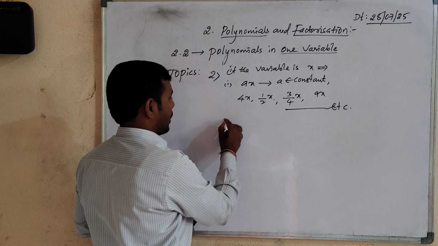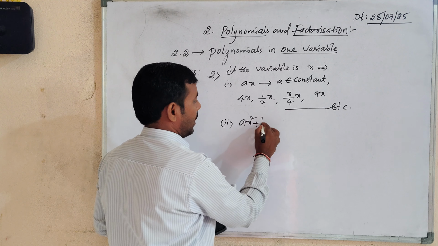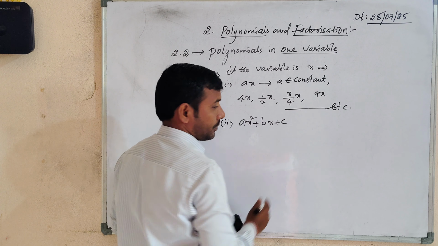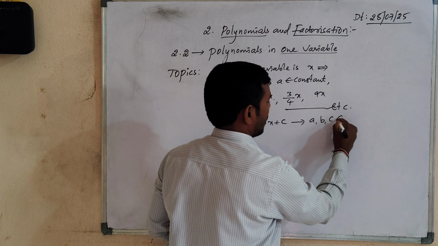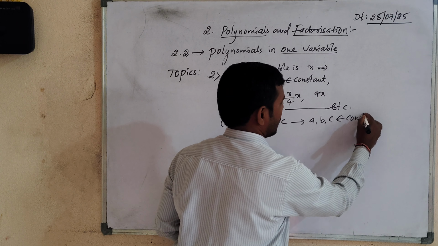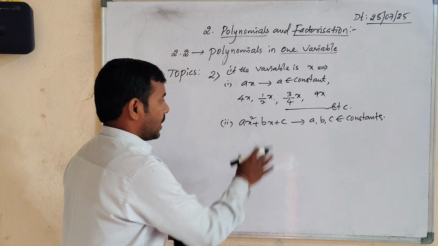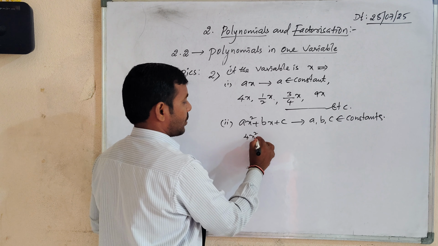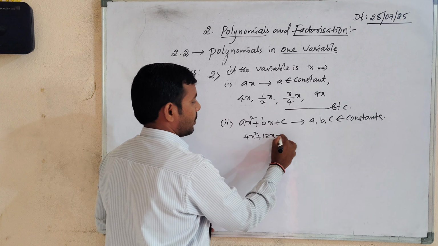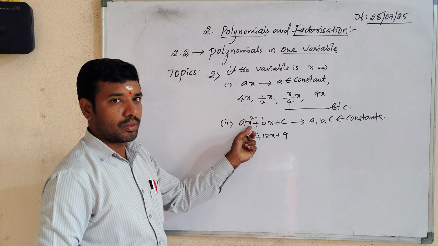Let us go with one more, that is ax square plus bx plus c, where a, b, c belong to constants. So based on this, I want to give a few examples. 4x square plus 12x plus 9. Yes, it is related to this only.